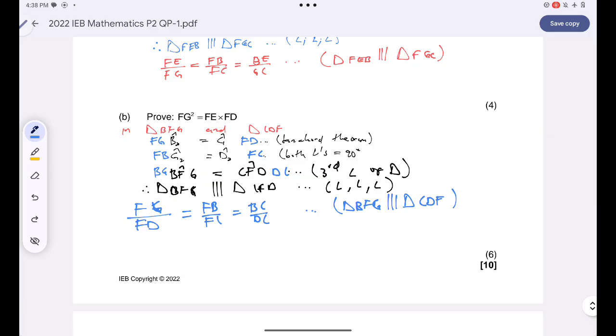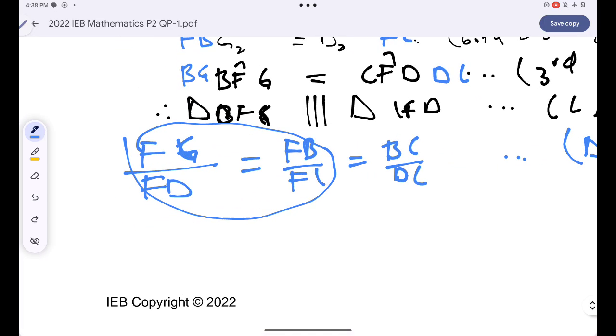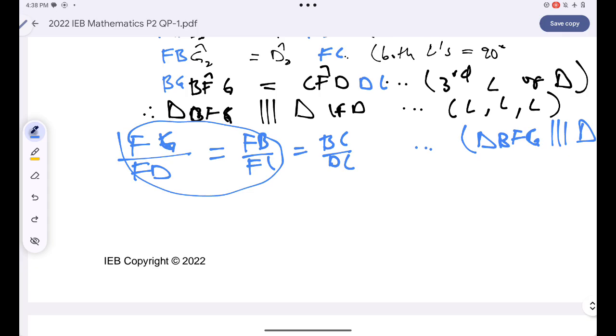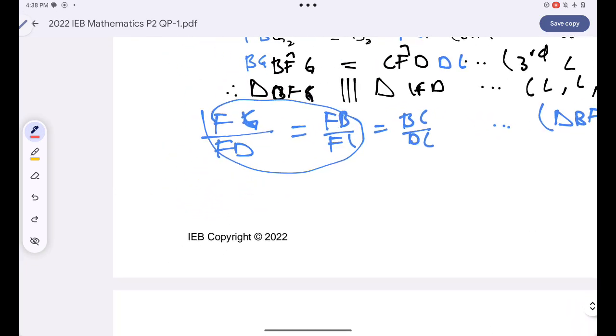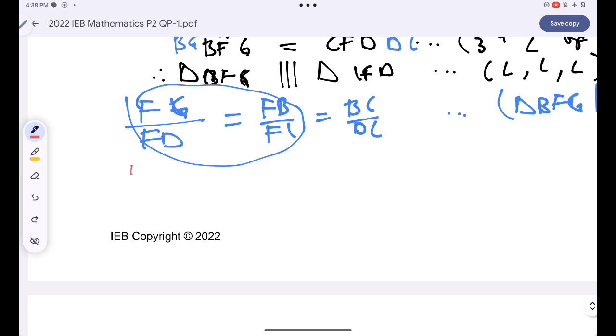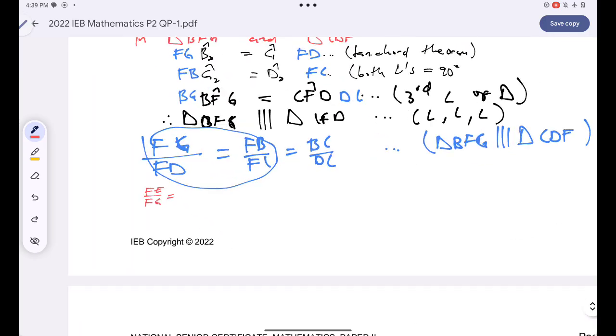For me to prove this, I can just take this part from the first question and also take this part from the second question. From the first question, let me write it in red, I'll say FE over FG is equal to FB over FC.